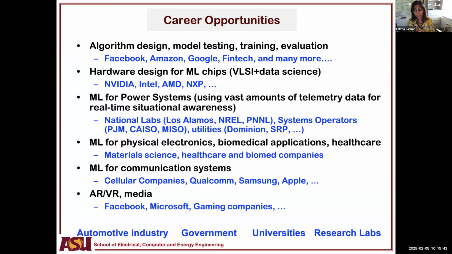I also know a lot of our power EE students are interested in power systems. The grid is an incredible example of a network where you use a ton of measurement data. The grid functions today because in real time, we take a lot of sensor data to make decisions. Is there an outage right now? Did we drop load? Did we drop a generator?